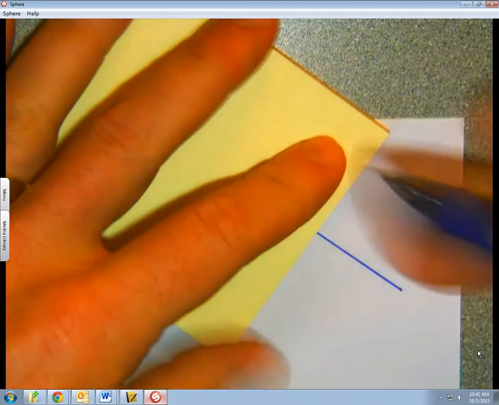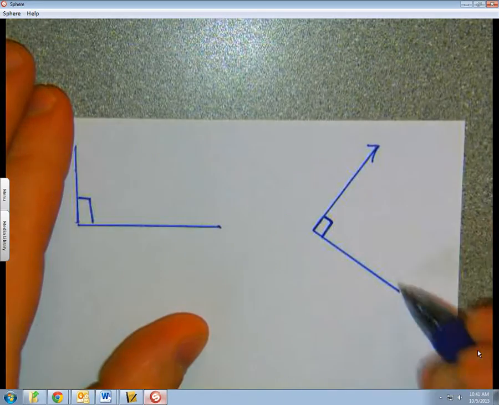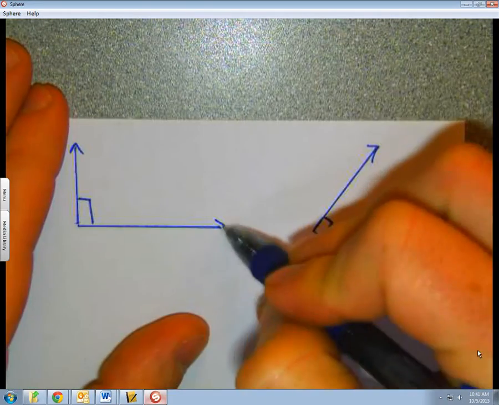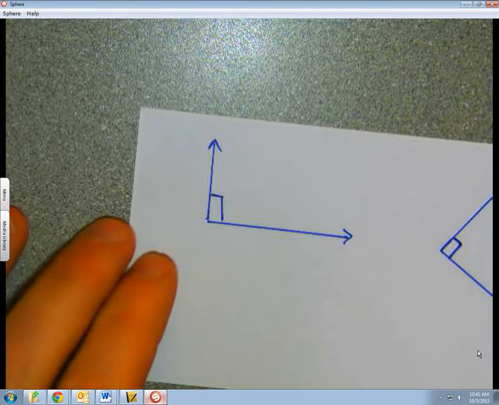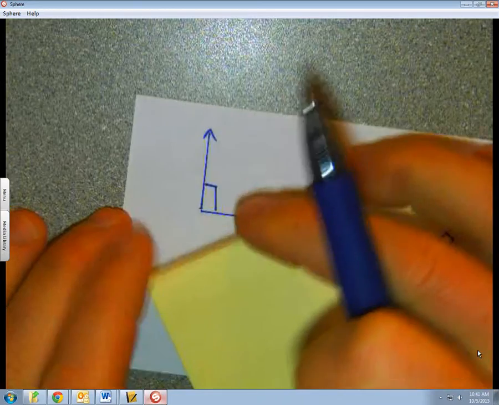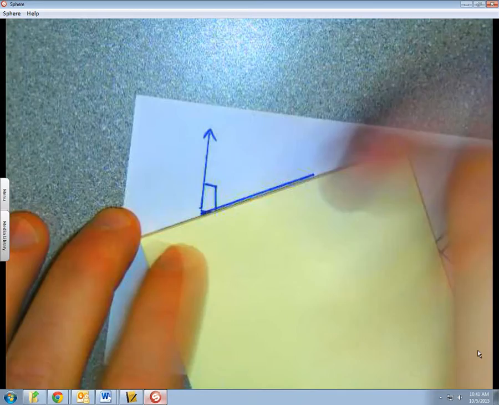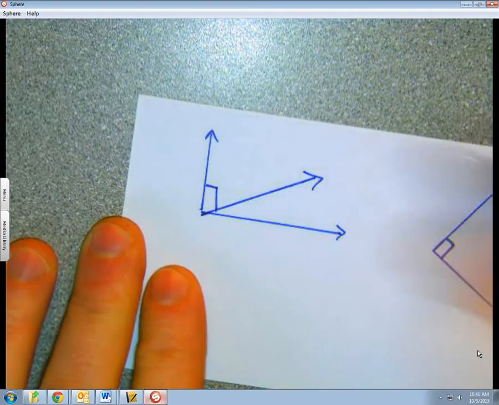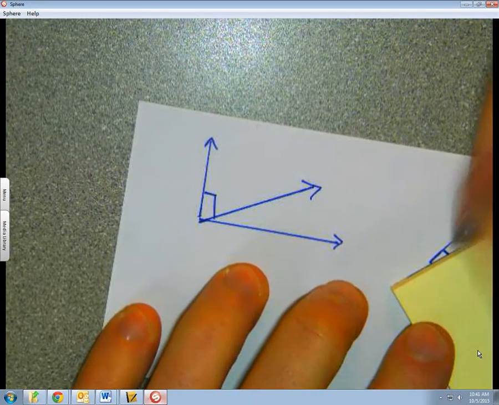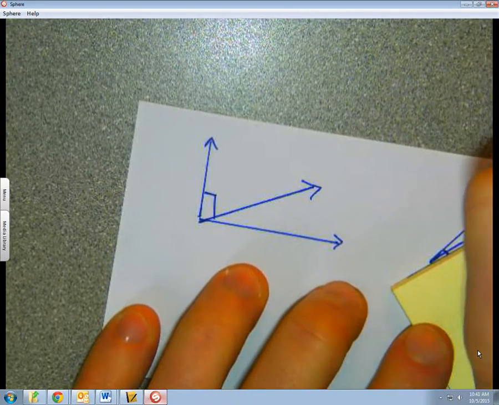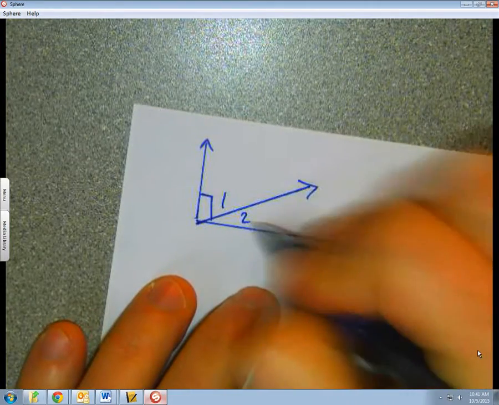And if I say it's right, it's right. Okay, so let's draw another ray coming out of the vertex there. And let's draw a steep ray coming out of the vertex here. Now let's label them. 1, 2, 3, and 4.